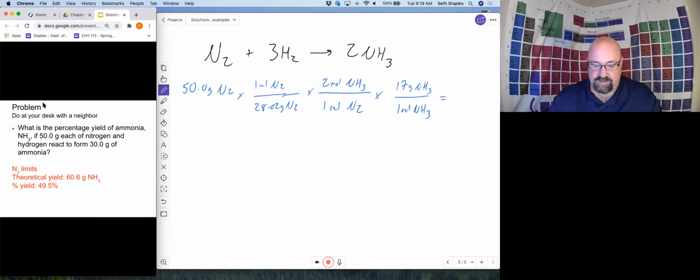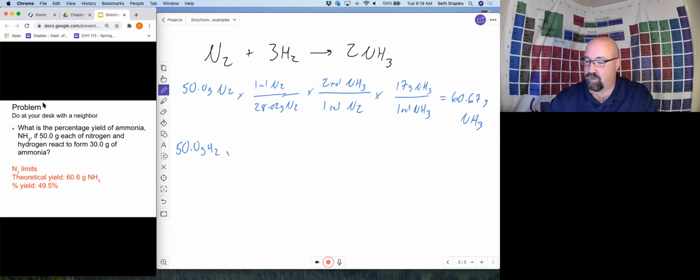And so we do this out. Should pretty much be what we had before, 60.67. So based on starting with 50 grams of N2, I can form 60.67 grams of NH3.